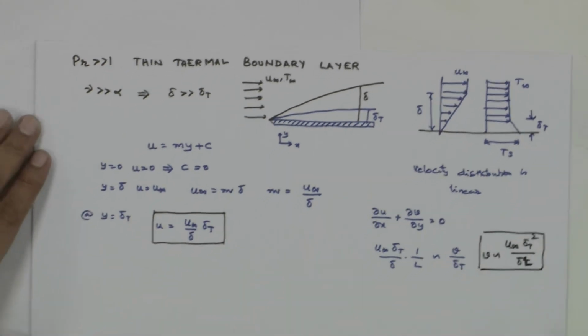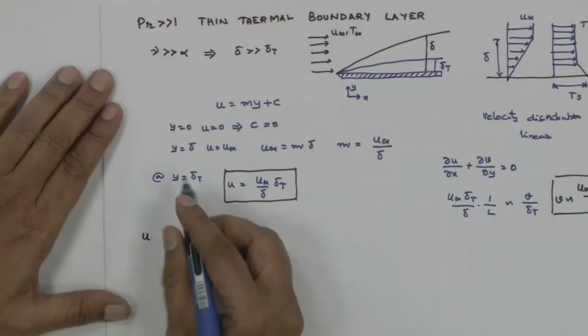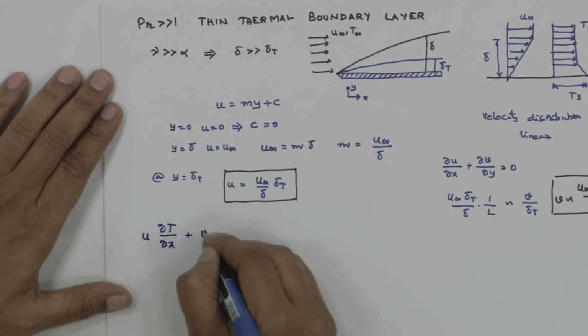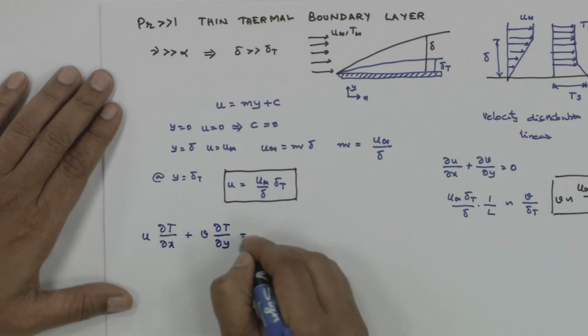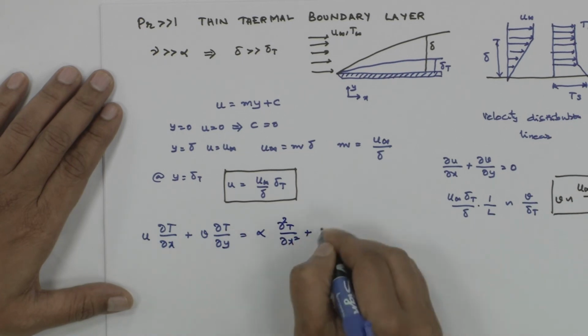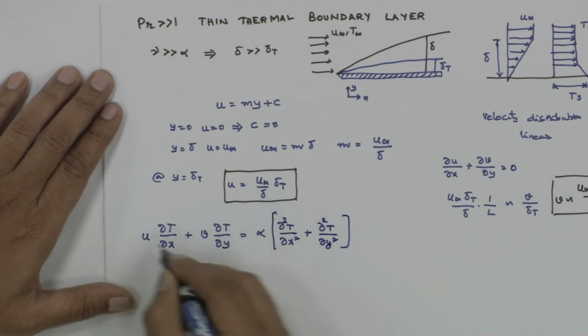Now let us get back to our energy equation. In my energy equation, I get u del t by del x plus v del t by del y is equal to alpha times del square t by del x squared plus del square t by del y squared. So what is the scale of u?